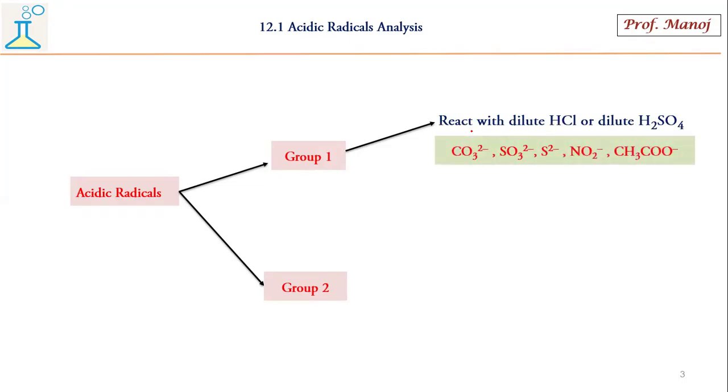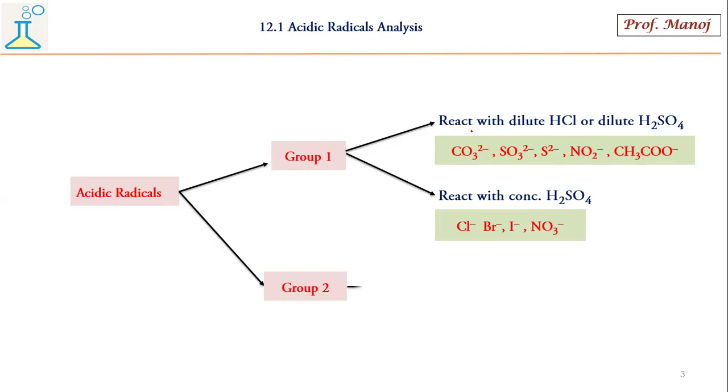Let us see the names or formulae. Carbonate, sulfite, nitrite, and acetate. The second category of radicals are the ones which react with concentrated sulfuric acid. And they are chloride, bromide, iodide, and nitrate.